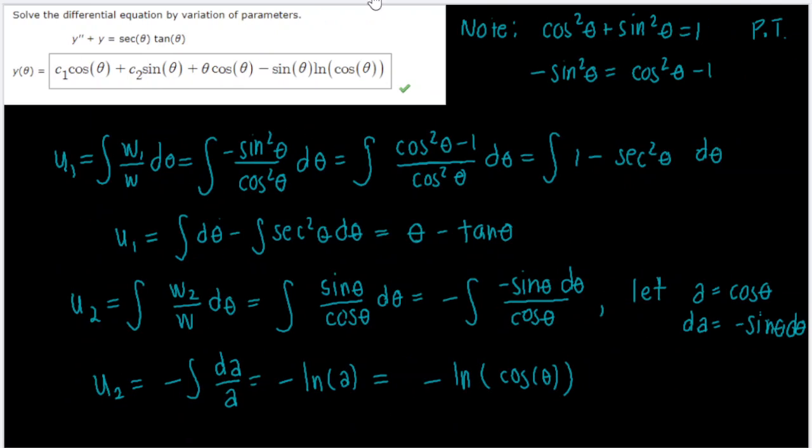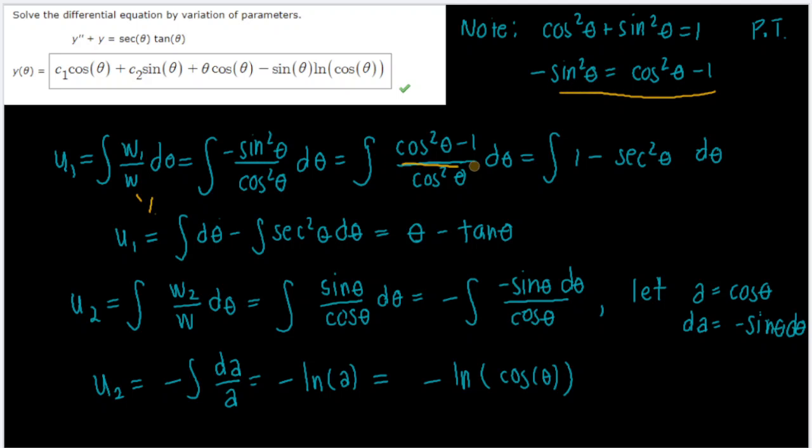Now let's find our u sub 1, since we already found those values, W sub 1, W, and W sub 2. Our u sub 1 is the integral of W sub 1 over W. Since our W is 1, we can neglect it, and we're actually integrating W sub 1 here, in this case negative sine squared theta over cosine squared theta. Now from the Pythagorean theorem, negative sine squared theta is just equal to cosine squared theta minus 1.